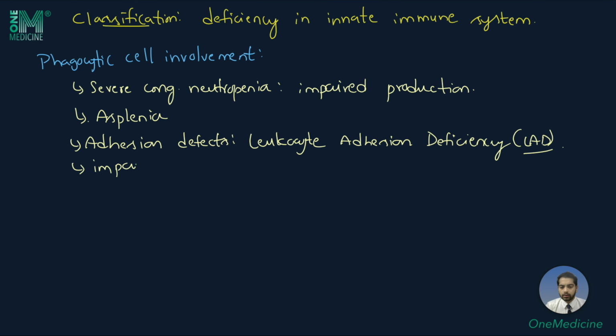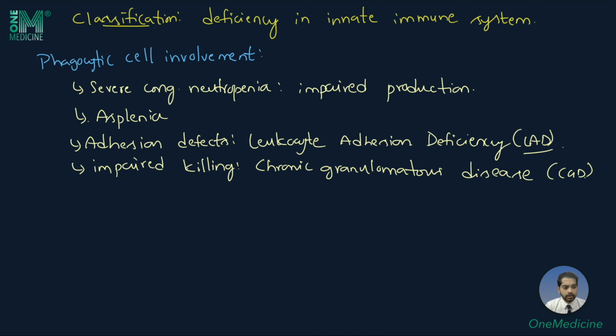Impaired killing is seen in chronic granulomatous disease or CGD in short.